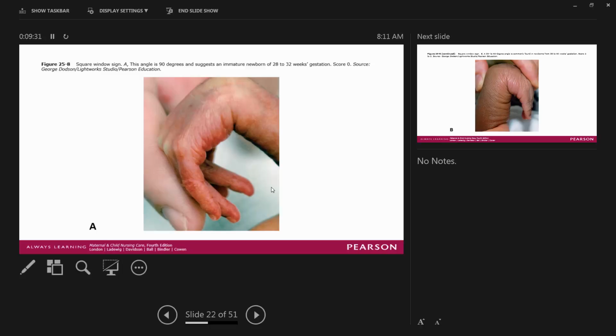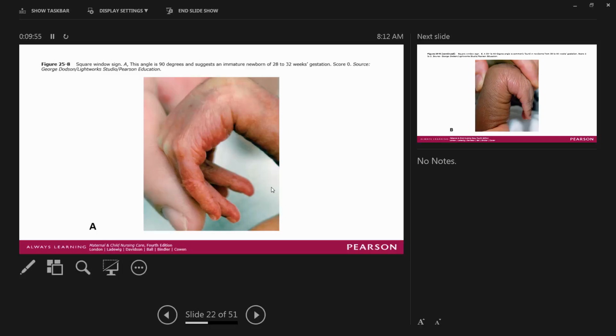So we bend a baby's wrist down to their forearms. Okay? The more term a baby is, the more we can flex that or bend that wrist down. So the more of an angle we have with that wrist, the more preterm that baby is. Okay?